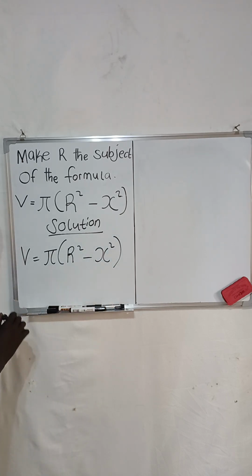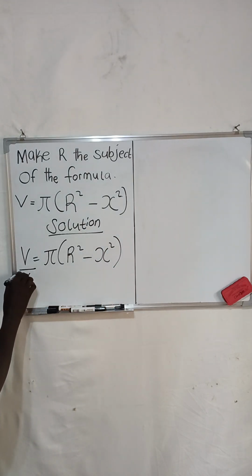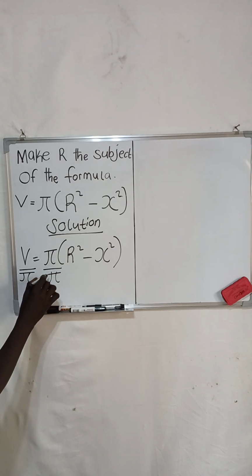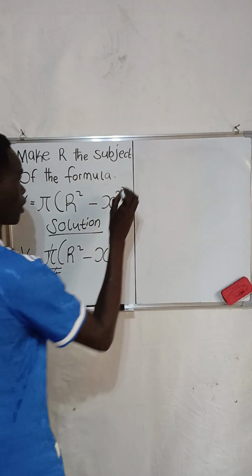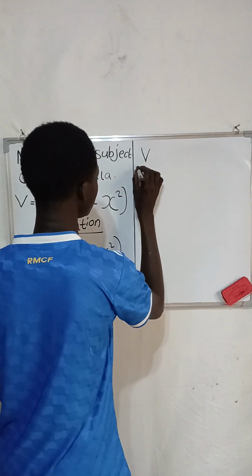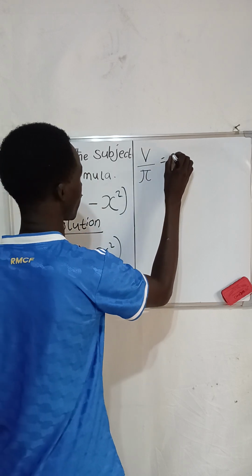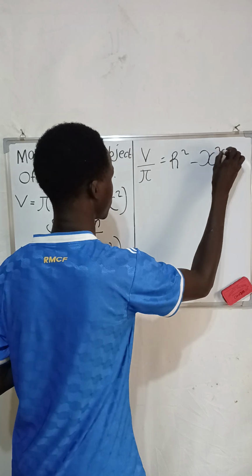Now we are going to divide both sides by pi. This and this will cancel. Here we are going to have V over pi equals r squared minus x squared.